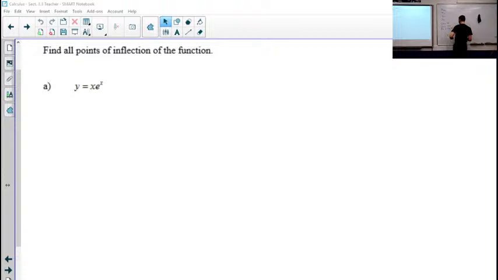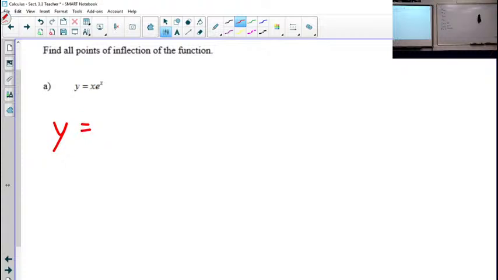It's going to be a product rule. First, times derivative of the second, derivative of e to the x, still e to the x.